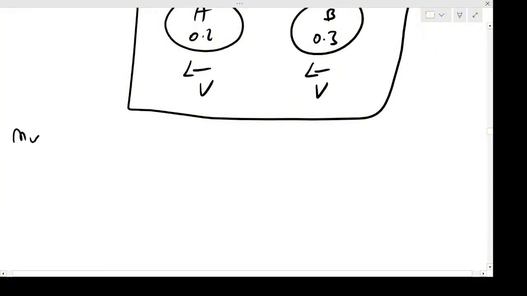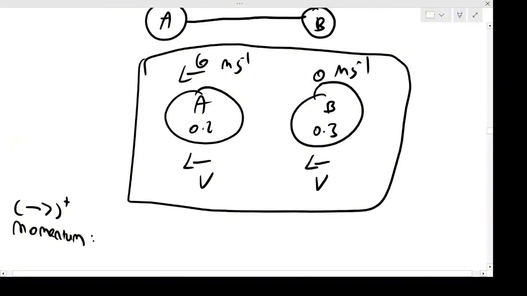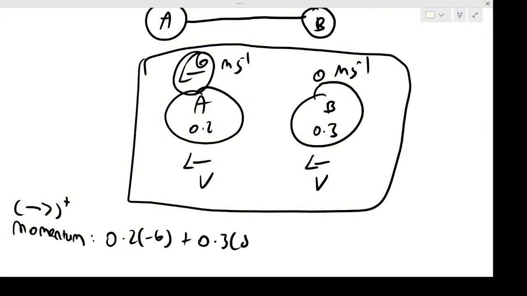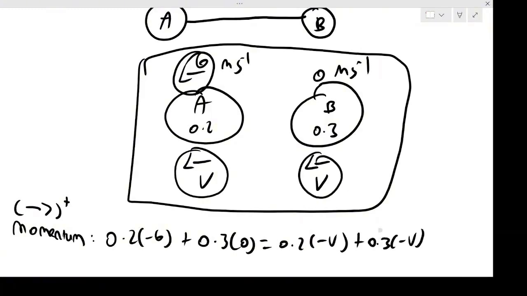So if we use momentum, again, forwards is positive. So that's going to be 0.2 and then minus 6 because it's negative direction, and then 0.3 lots of 0. It's going to equal 0.2 lots of minus V, and then 0.3 lots of minus V as well. Okay, so there we are.